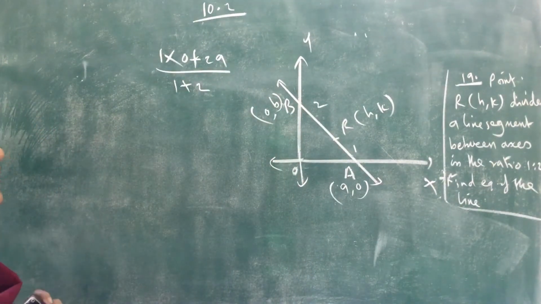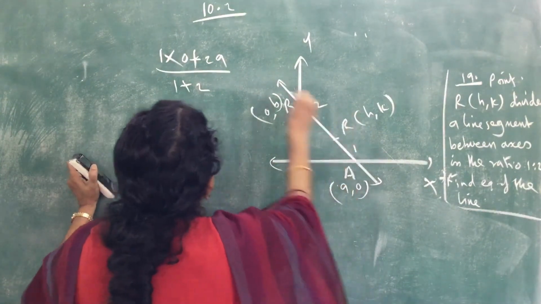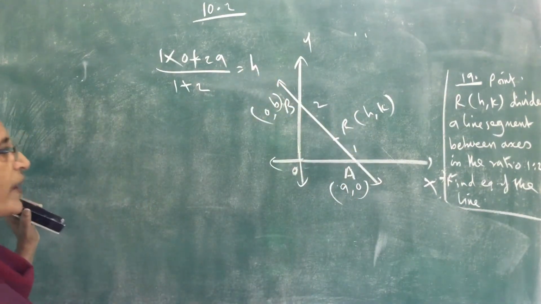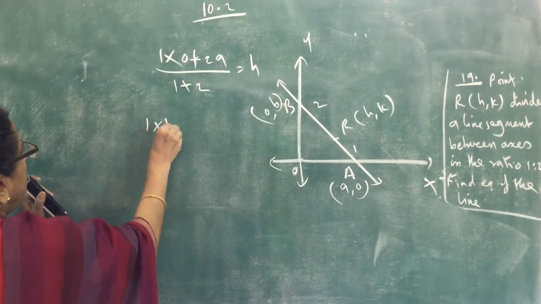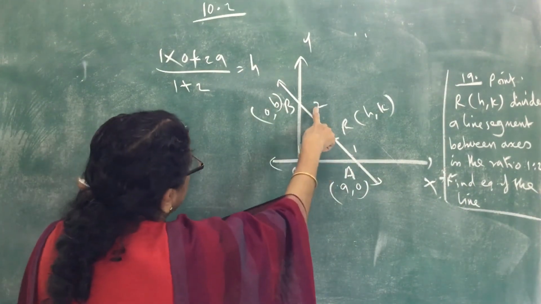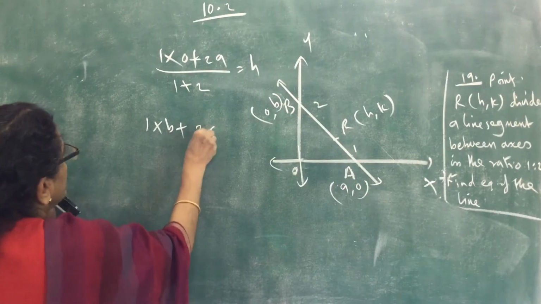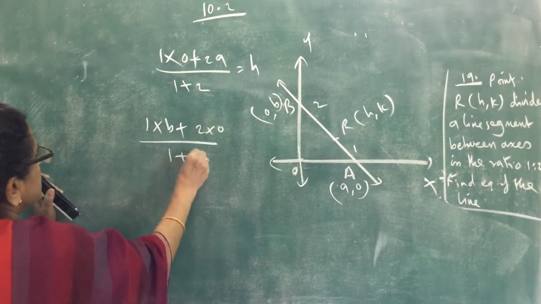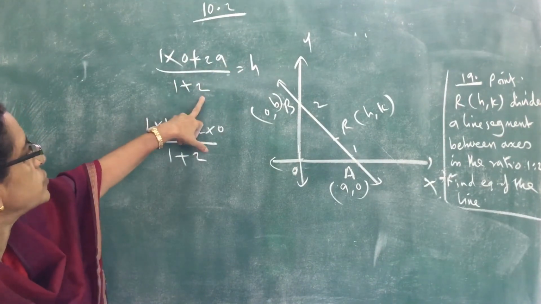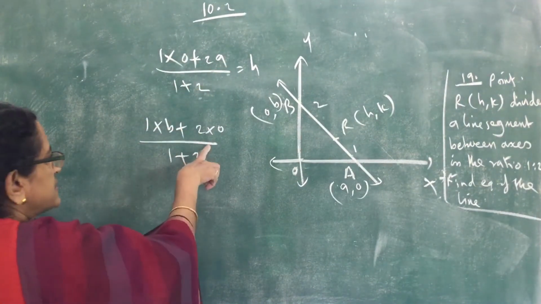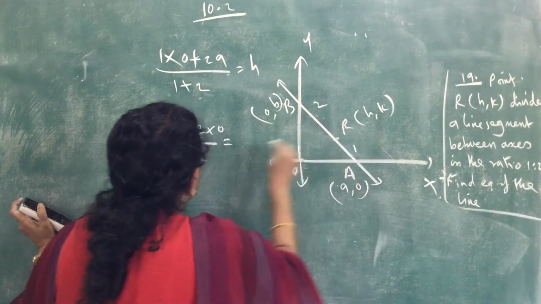This is the x coordinate, which is equal to h. Then consider the y coordinate: 1 into B plus 2 into 0, divided by 1 plus 2. The formula is (m1 x2 plus m2 x1) by (m1 plus m2). That is the y coordinate, which is equal to k.